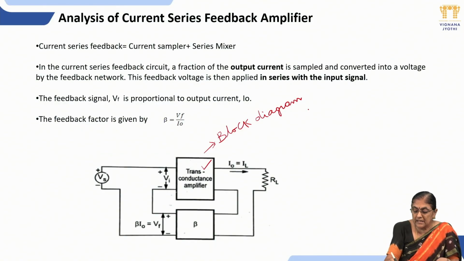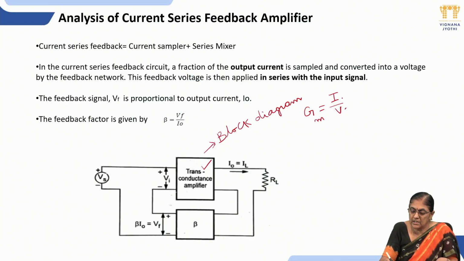Conductance can be represented with G. Conductance is defined as the ratio of current to voltage. Transconductance can be represented with GM. The numerator term is related to output terminals, the denominator term is related to input terminals. Therefore transconductance GM is equal to I naught by Vi.